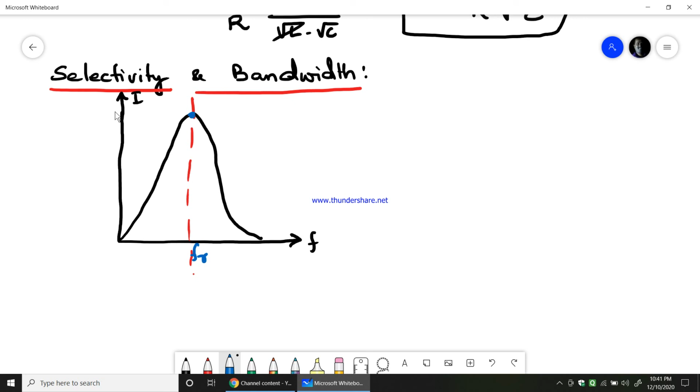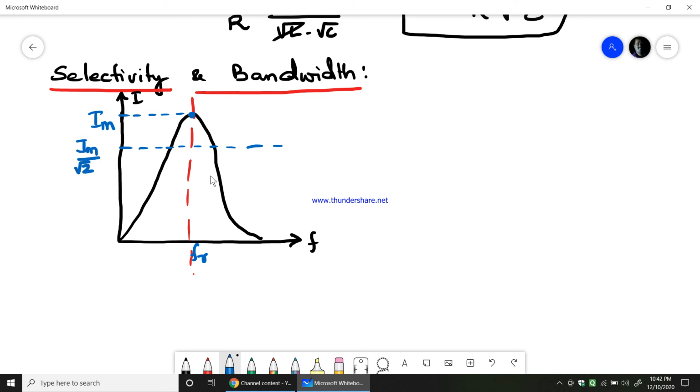So this would be the Im. Now to obtain the bandwidth, we normally take minus 3 dB of the current peak that we have got. So we go down with minus 3 dB, which is normally dividing by root 2.